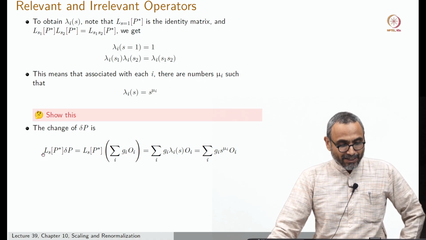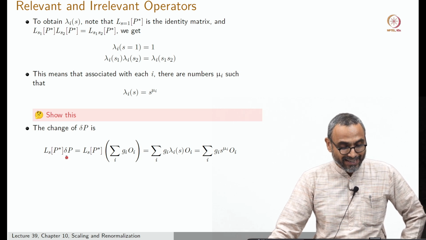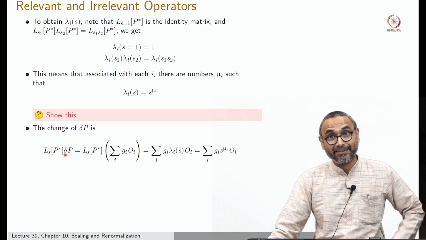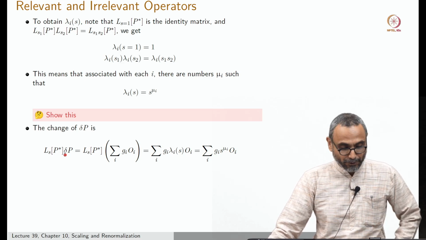Now, with this development, what I can do is take L_S of P star and act on delta P. Delta P is some arbitrary excursion that I had from the critical point, and I just do linear algebra now.